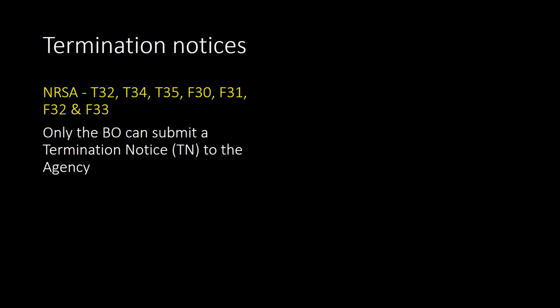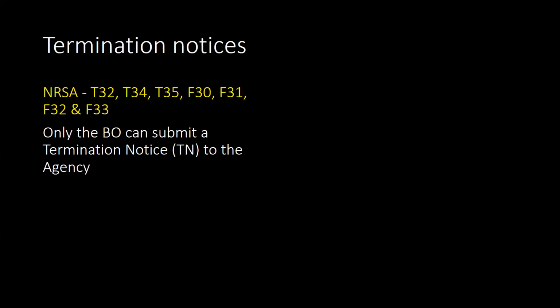So termination notices. Most of you are doing a T32, but you could be doing a T34 or T35, someone for short term or undergraduates. Or if you have an F fellowship, which a lot of you may have, a pre-doc or postdoc fellowship on your desk.